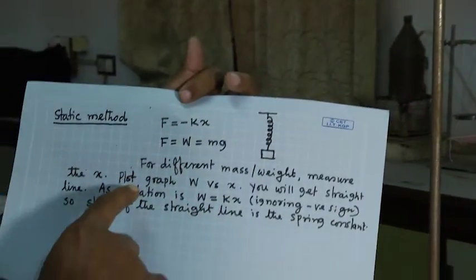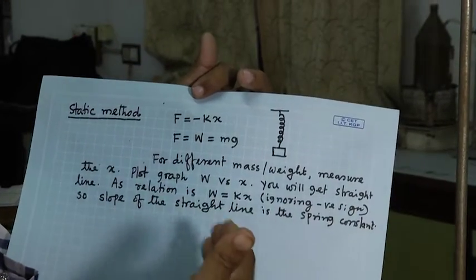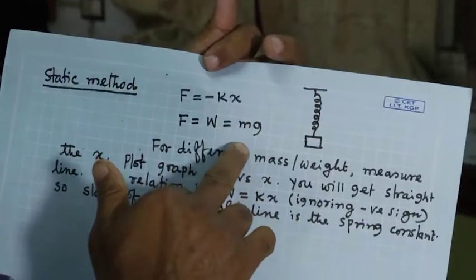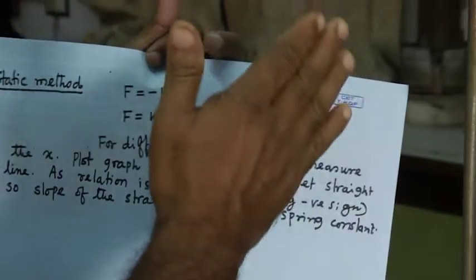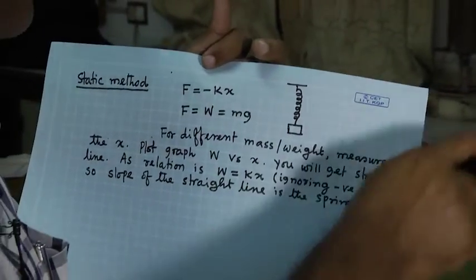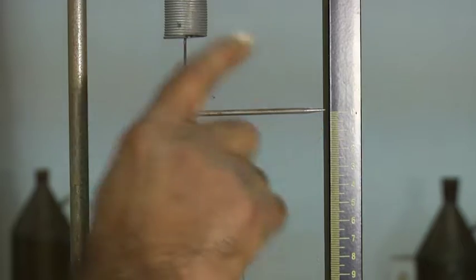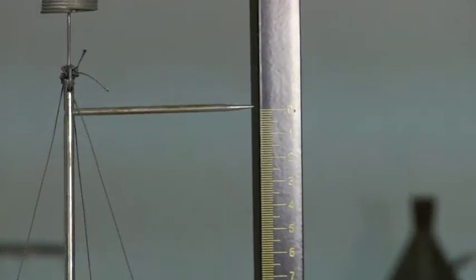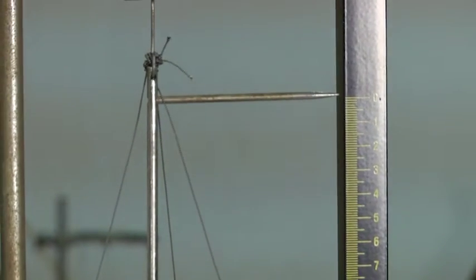If I vary the force, that is, vary the load or the mass, for different mass I will get different elongation. I will measure that elongation using the scale and the pointer, and then we will make a table of load versus spring elongation.